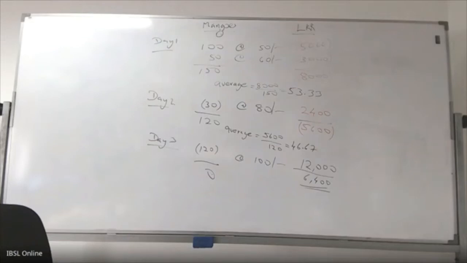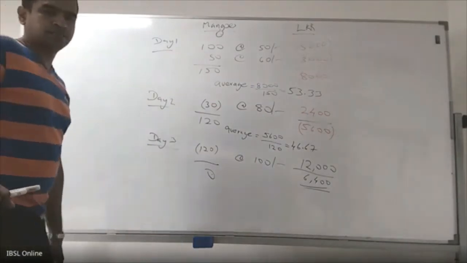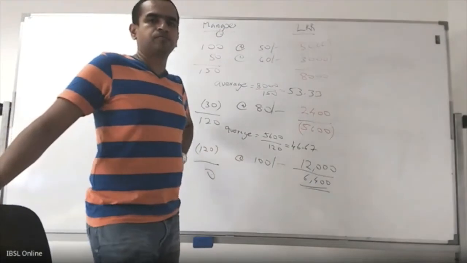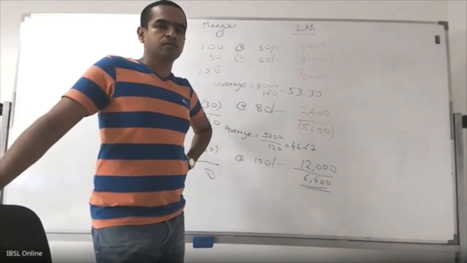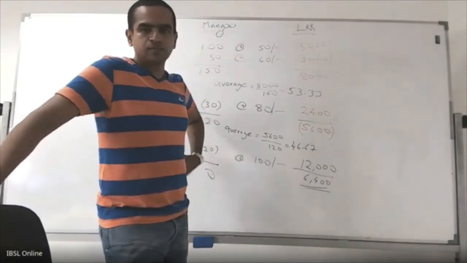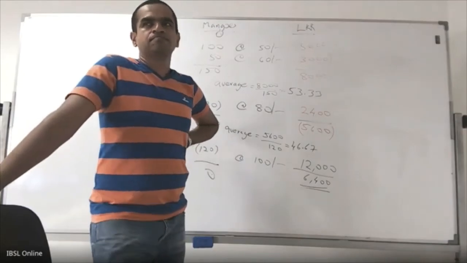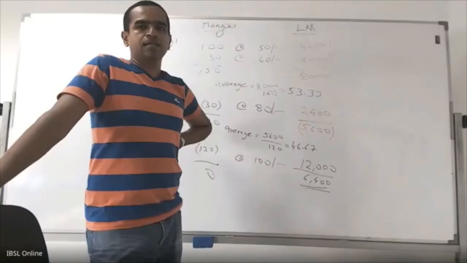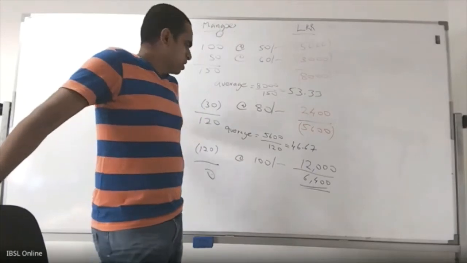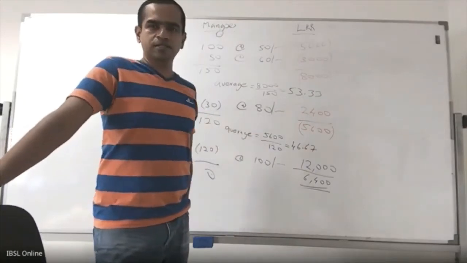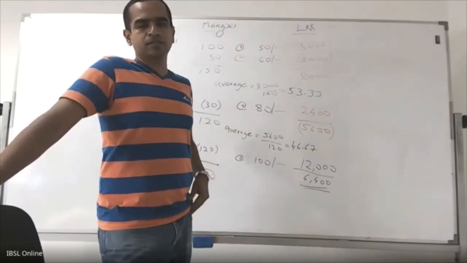What do you all think? On day 4, if the price of a mango is 500 rupees, what will happen to your profit? You are left with 0 mangoes. So what happens to your profit? Nothing happened. Exactly, nothing happens. Right? But if mangoes become worthless, the price drops to 0, then what happens?